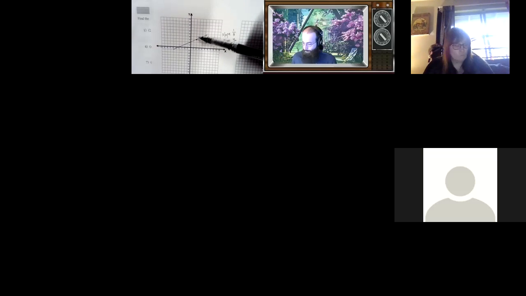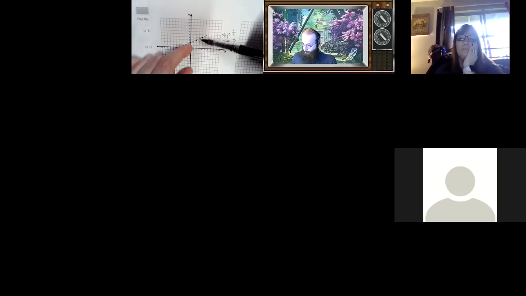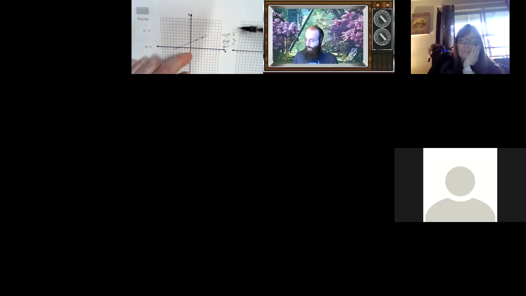We're going to measure how many boxes or spaces between the 2 dots up and down. So we've got 1 at 3 and 1 at 4. So there is 1 space difference, right? Right there. That's your Y or your rise.